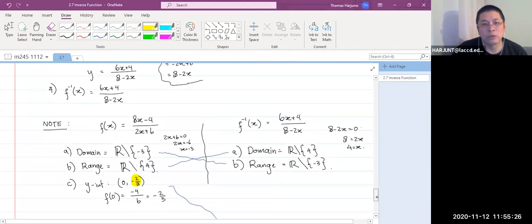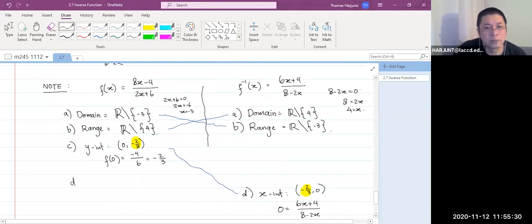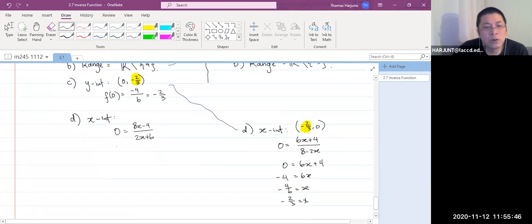And we can actually do the same thing for the x-intercept of the function. For the x-intercept of the function, 0 equals (8x - 4)/(2x + 6). I set the function equal to 0. Now multiply by the LCD, it means the numerator has to be 0. x is 1/2.